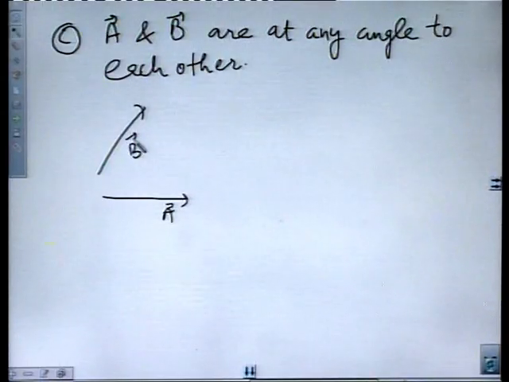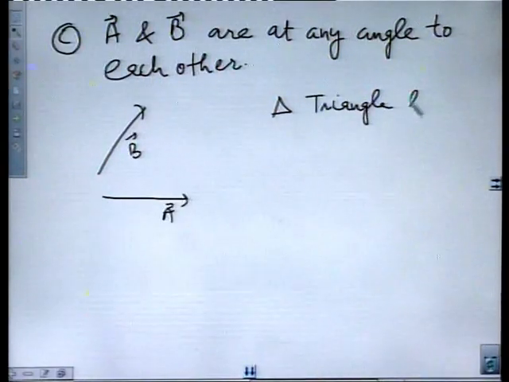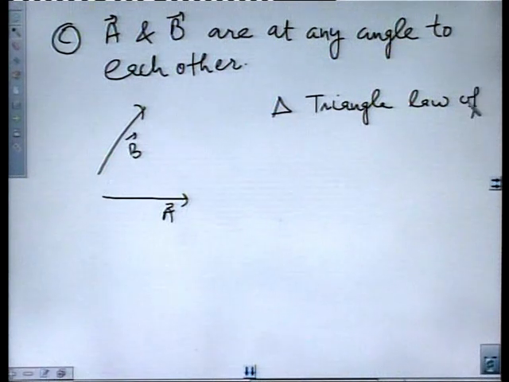Now these two vectors can be added by two laws. First is the triangle law of vector addition.